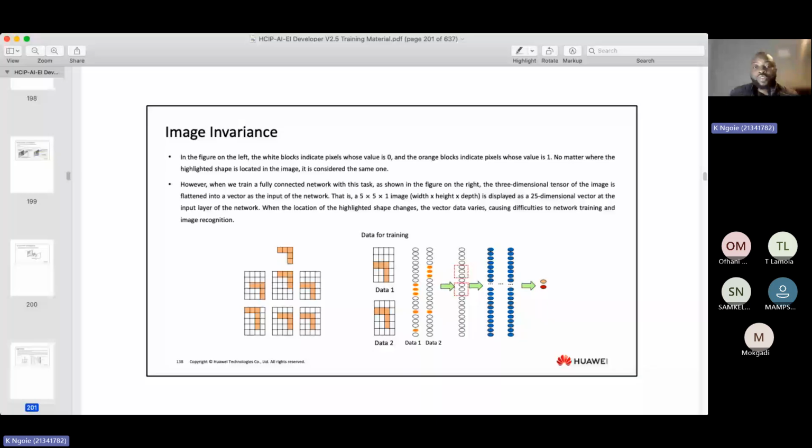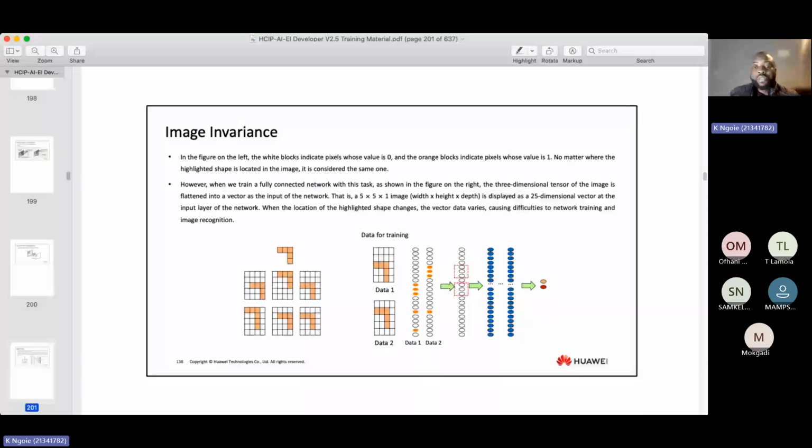In the first, the shape is here, and in the other image it's in a different place. No matter where this shape is, when you take the data, it's going to take all the pixels for everything.